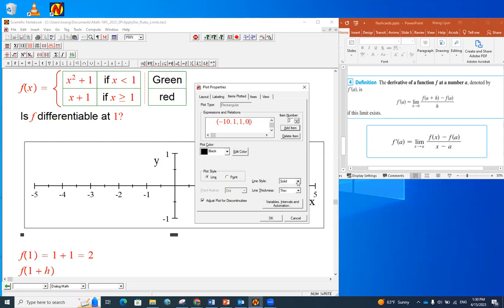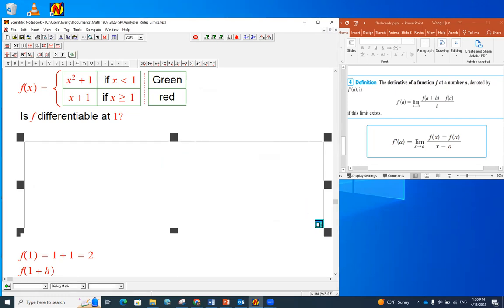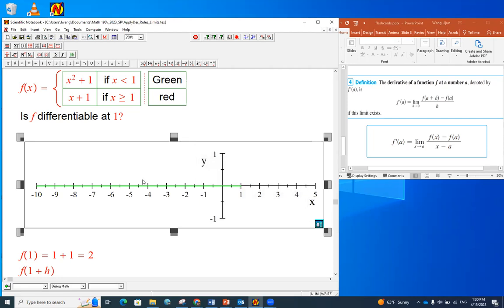Don't worry about this, I'm just using the software. You don't have to worry about how to use the software properly. I'm just trying to show you the picture. Oh, wait, I made a mistake. We need a comma: -10, 0. There we go.